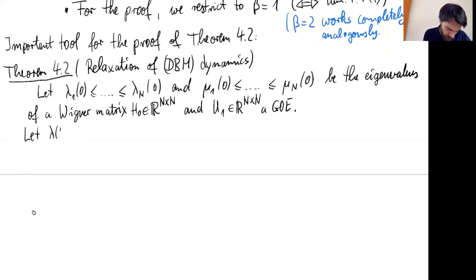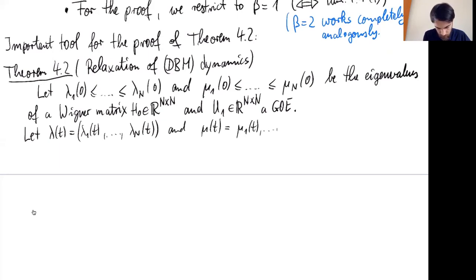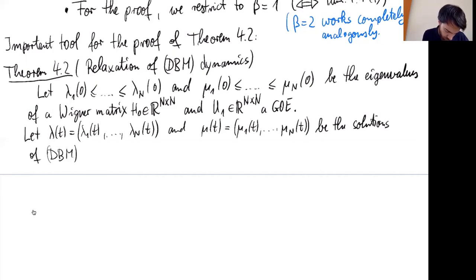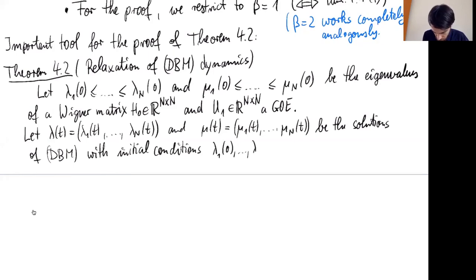So let lambda t, lambda mt, and mu t, mu nt, yeah, maybe I don't want to write them out again, be the solutions of DBM with initial conditions lambda 1 0, yeah, one would expect, and mu 1 0, mu n 0 respectively.